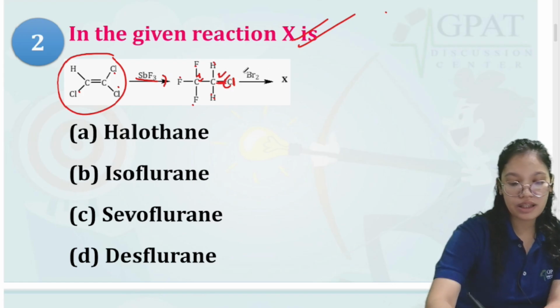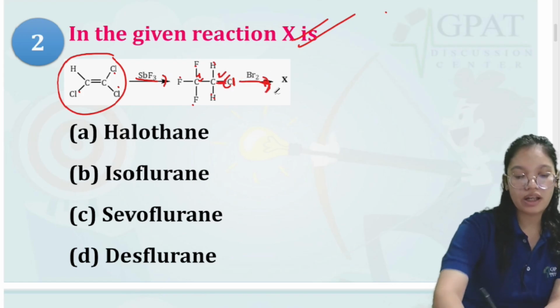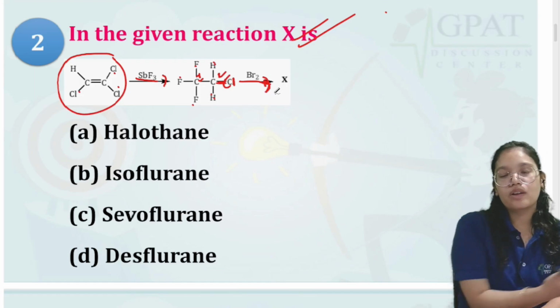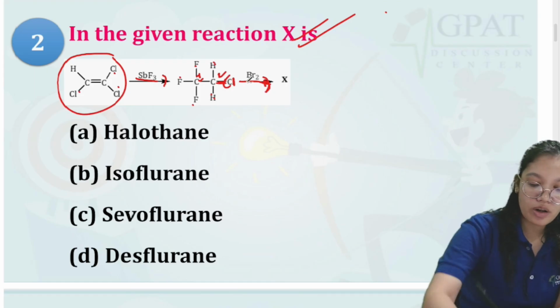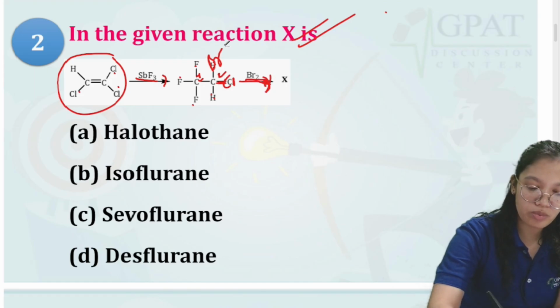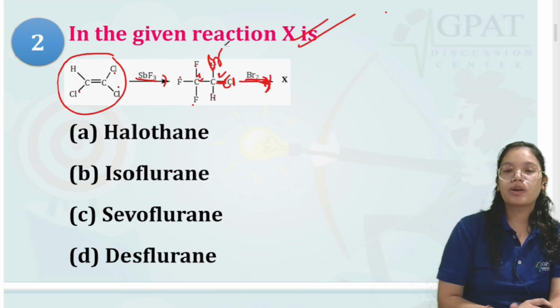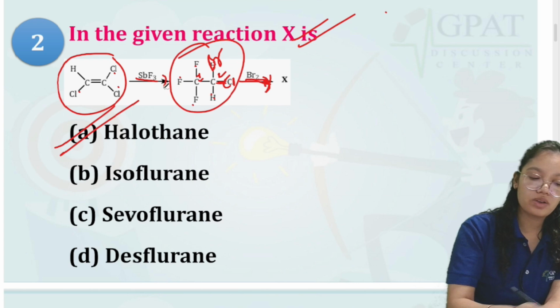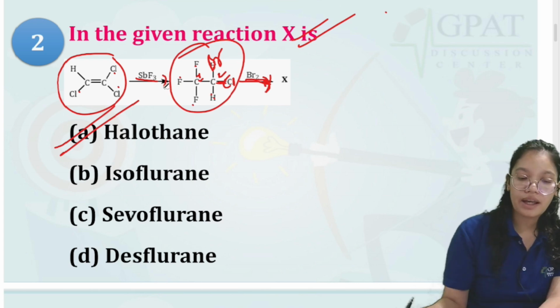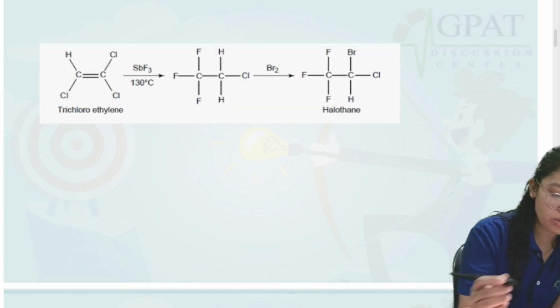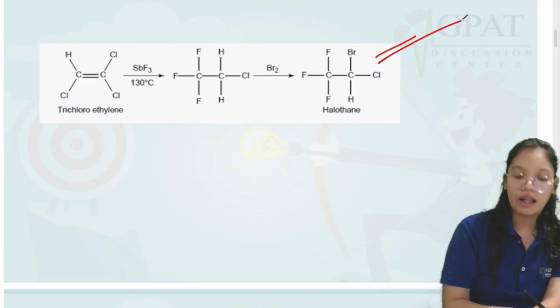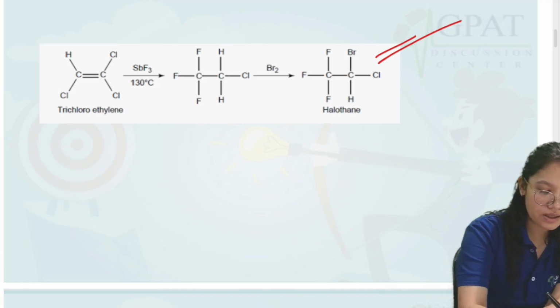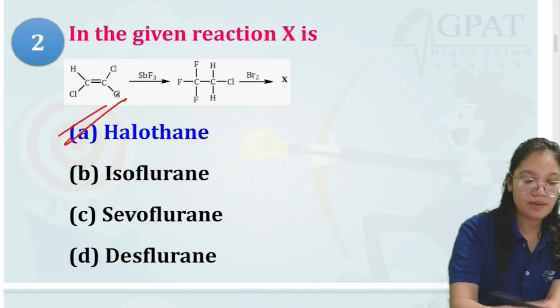Now they are asking what we will get on bromination of this. Like we just discussed in the last question, on bromination a bromo group will be attached, and this particular molecule is called halothane. So this is the reaction for the synthesis of halothane. Here we get halothane. So the answer is the first one again.